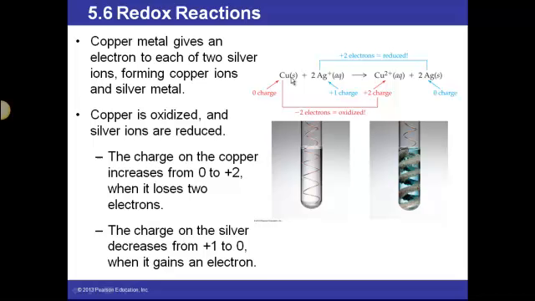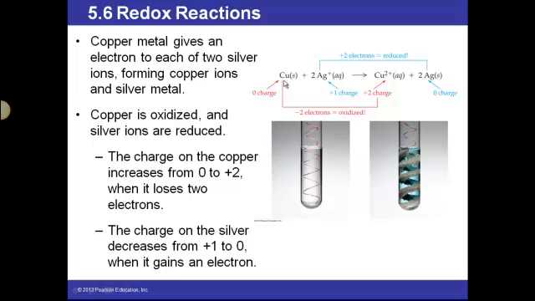So here we've got copper in its solid state, and it's going to react with the silver that is in its ionic state, in its aqueous form. So you can see we put a copper wire in an aqueous silver solution where the silver is in its ionic state.